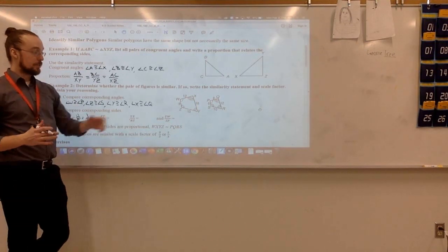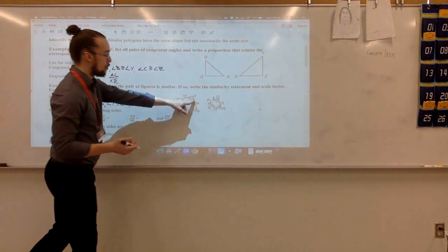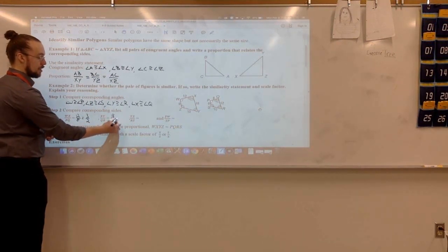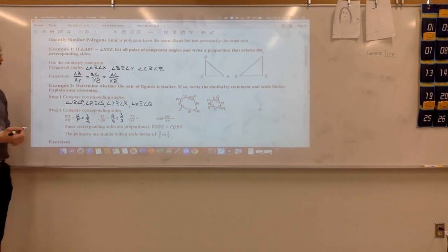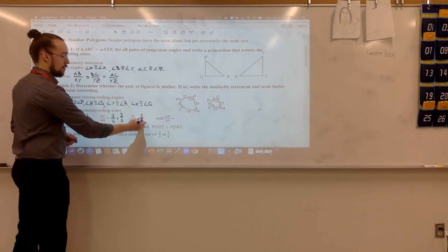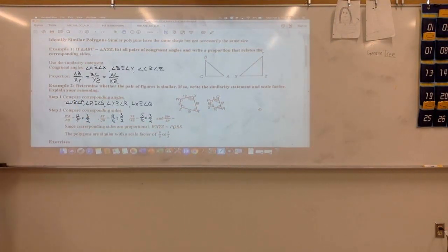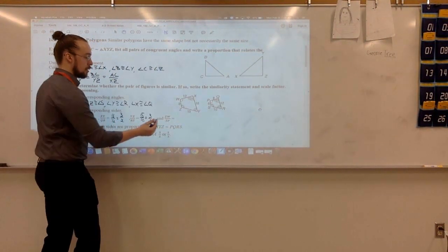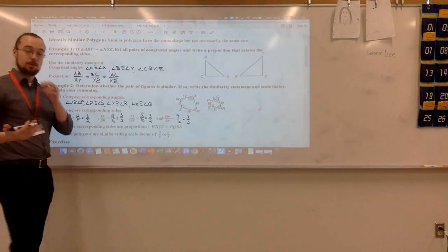And I want to do the same thing for the other three pairs of corresponding sides. XY over QR, 18 over 12, reduces to 3/2 as well. YZ over RS, 15 over 10, which again would reduce to 3/2. And then finally, ZW over SP, 9 over 6, which would reduce to 3/2.